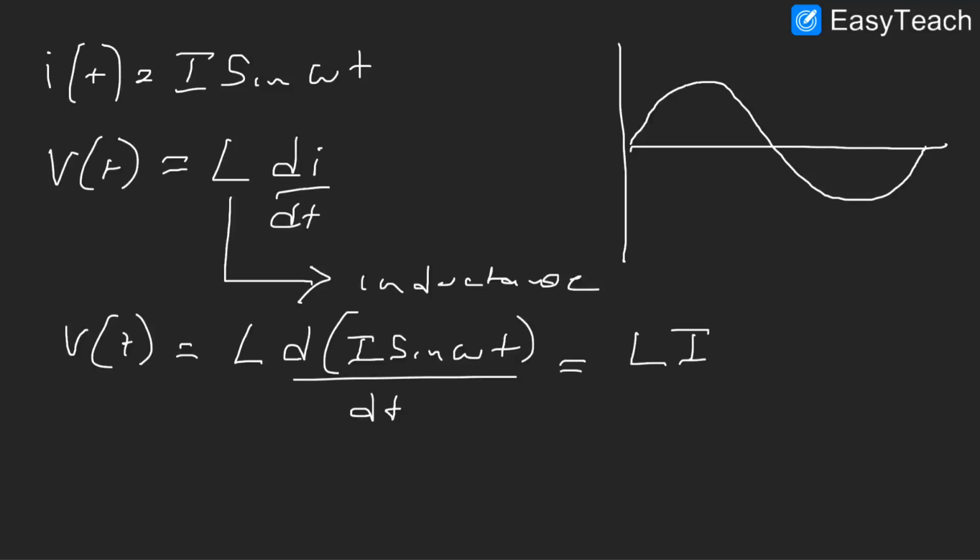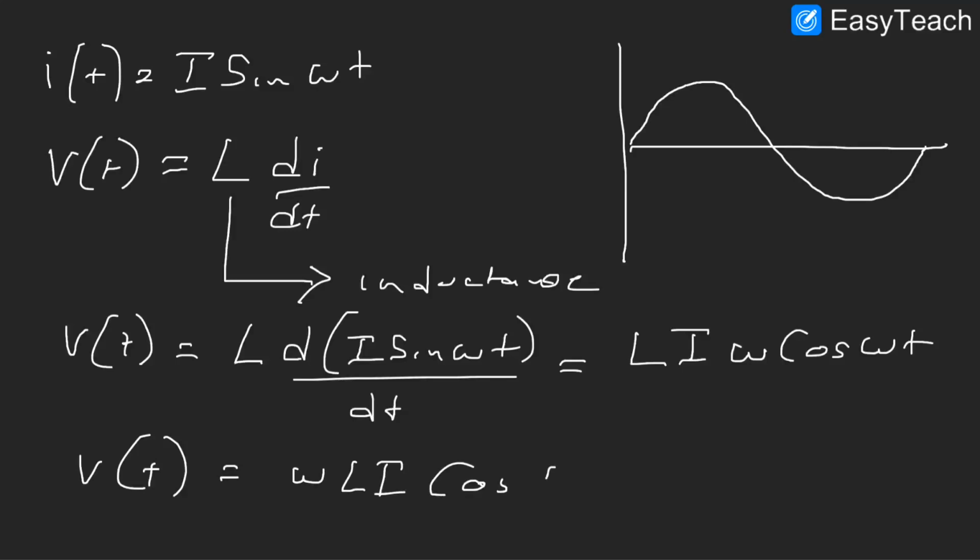I'm going to get the constant term out, and the differential of sine omega t is omega times cos omega t. Alright, so the voltage induced in an inductor is omega times Li cos omega t. I'm just going to put this in brackets.